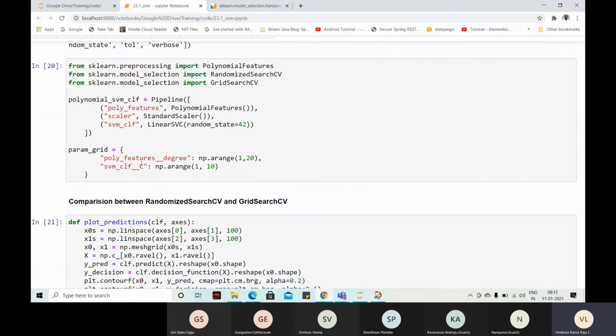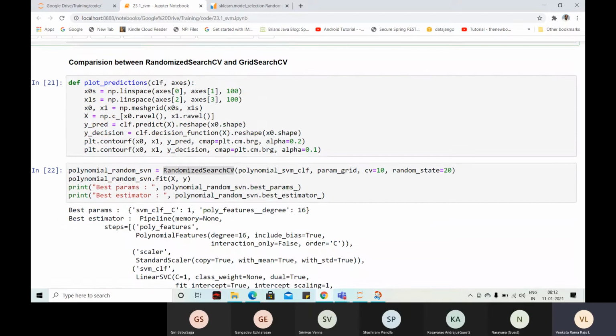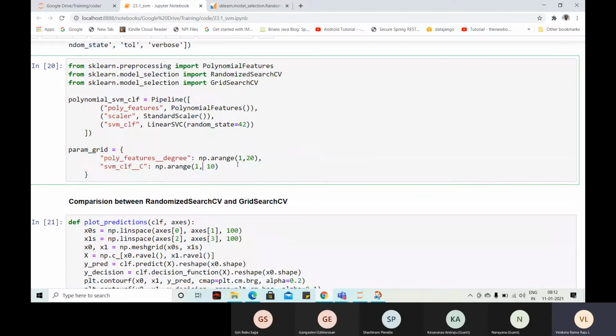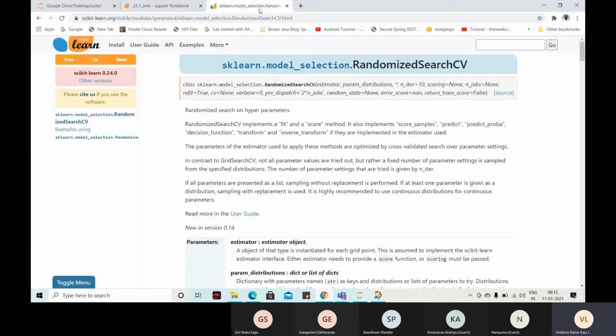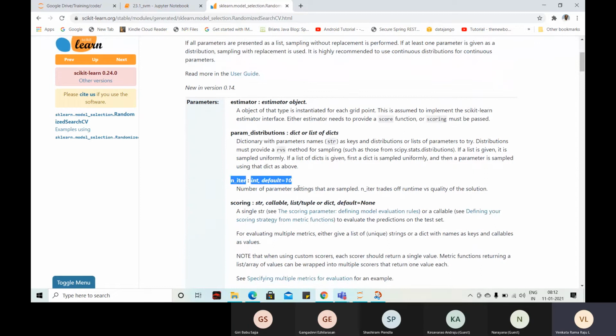Randomly it will pick 2 here, maybe 5 here, and build a model. Again randomly it will pick 3, 8, build a model. Again 2, maybe 3, build a model. Like that, instead of doing 190 models, it will do only 10 models, and with CV 10 it's going to be 100 models only. By default, the number of models it picks is 10.